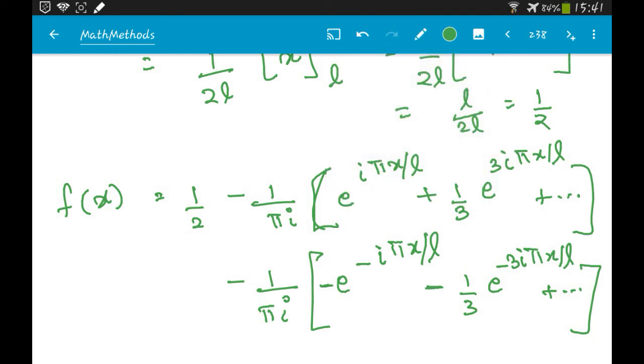So there is a minus because it is minus 1 by nπi. So n is either plus or minus. Alright, so this is going to be your f of x.